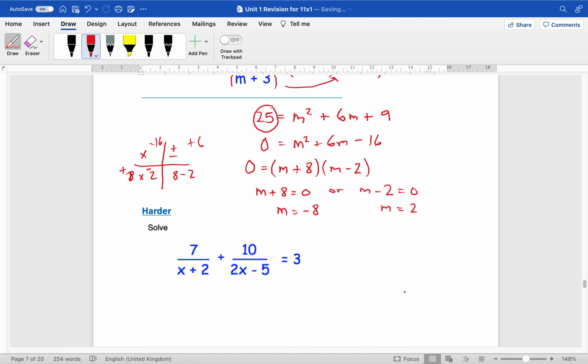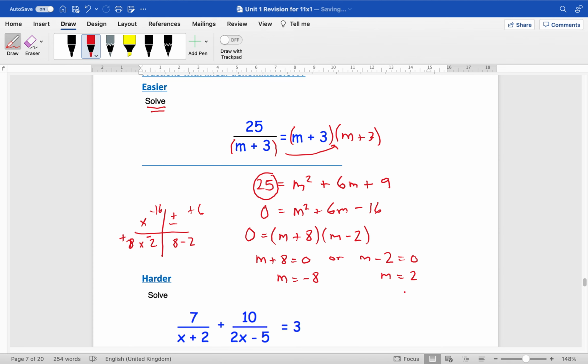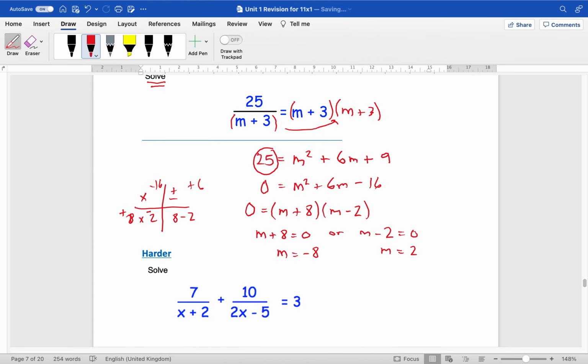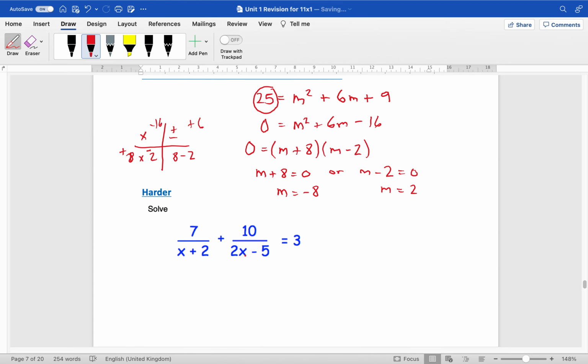This, much harder. Why? Because there's not one fraction. What you can't do here is go, oh, the opposite of dividing by this is the times, but you can't do that twice with two different fractions.